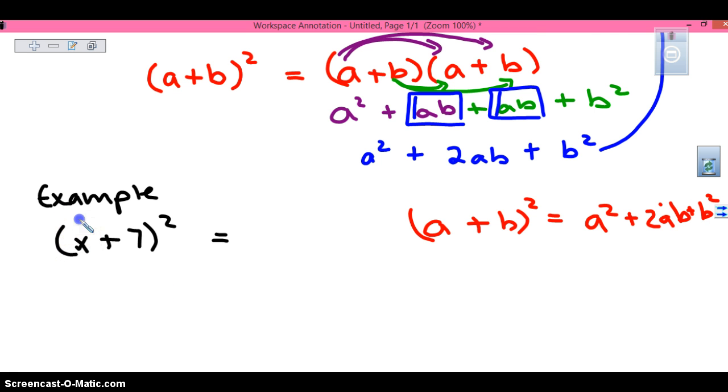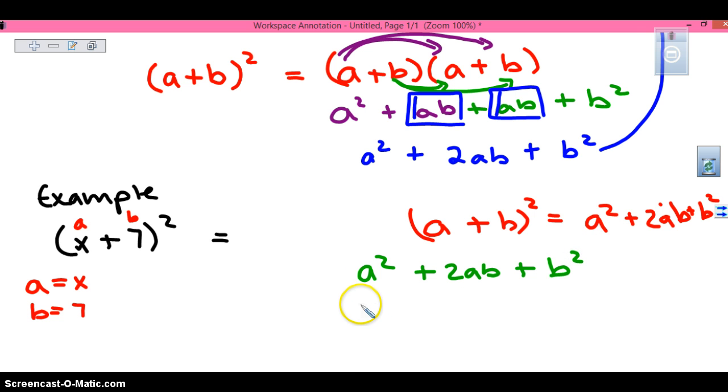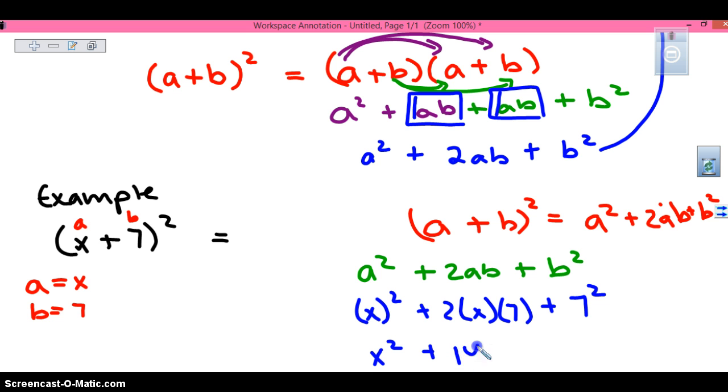That means that x would be a and 7 would be b. So a is equal to x and b is equal to 7. If I substitute, I get x squared plus 2 times x times 7 plus 7 squared, x squared plus 14x plus 49.